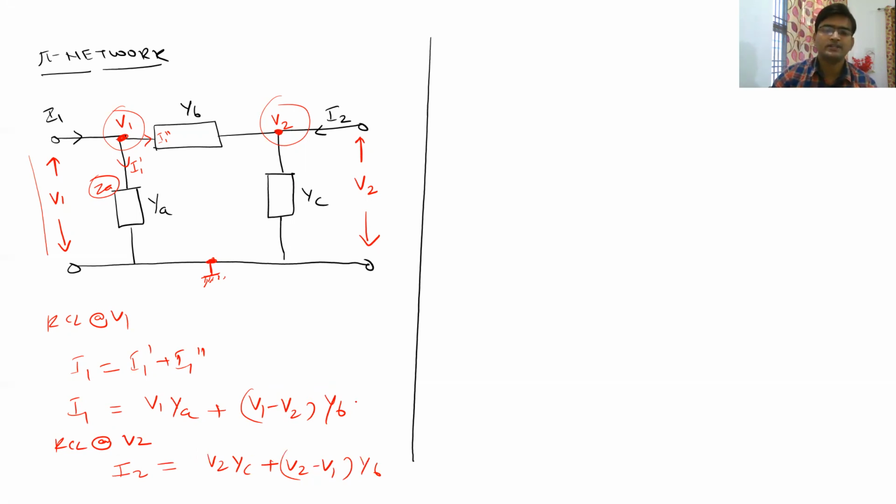Now rearranging this equation, we will get I1 is equal to YA plus YB into V1 minus YB into V2. So this is going to be your equation 1.